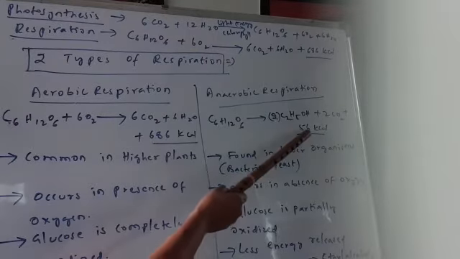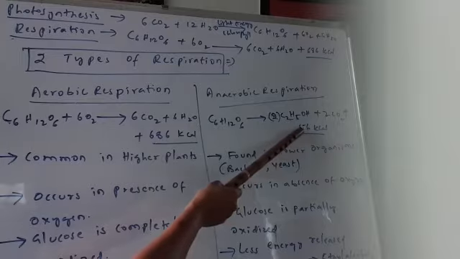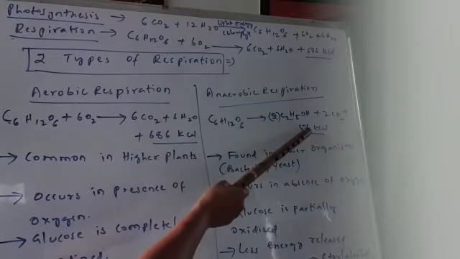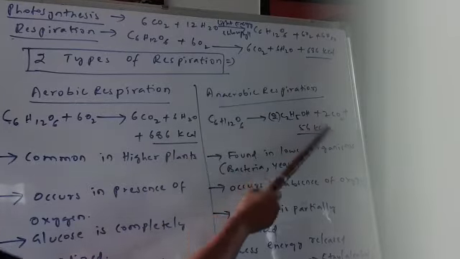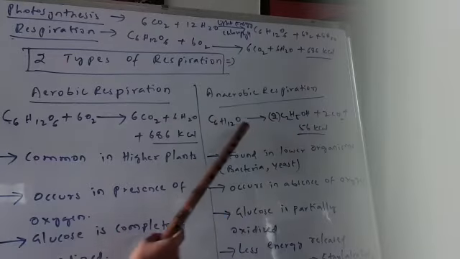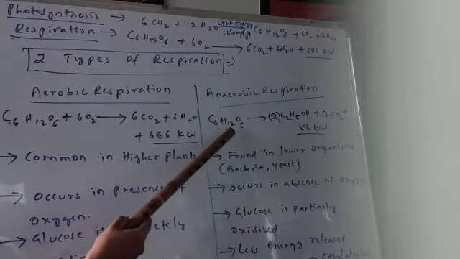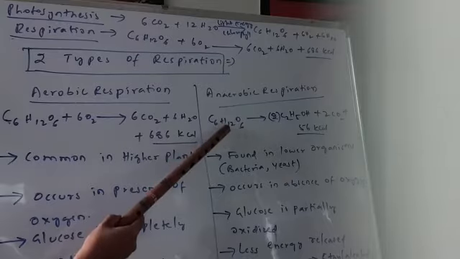That means only a little energy is released here. Out of this energy, some is stored in the form of 2 ATP molecules. This is an alcoholic fermentation reaction, which is anaerobic respiration.